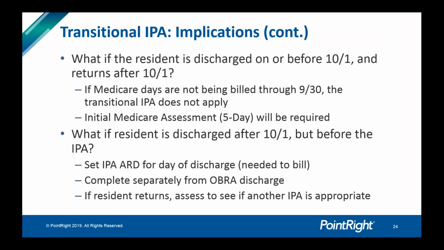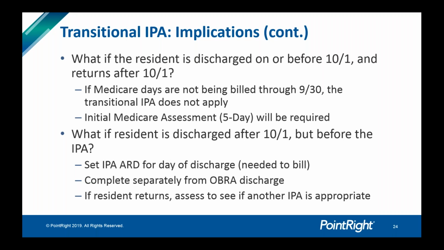Now, of course, people can be discharged. What if the resident had to go out to the hospital, for example, on or before October 1st, and they return after October 1st? So that was kind of similar to that previous scenario that I talked about.